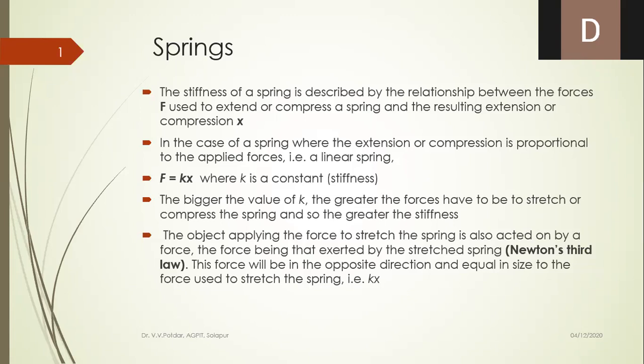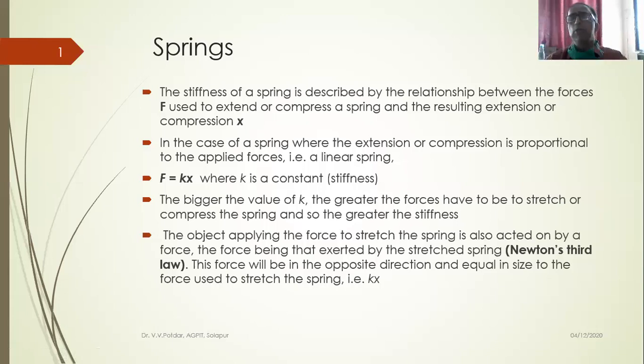If the extension or compression is proportional to the applied force, that is a linear spring. So F is proportional to X, and K is the constant of proportionality, which is called the stiffness of the spring. So F is equal to Kx is the mathematical representation of a spring or spring-like element.